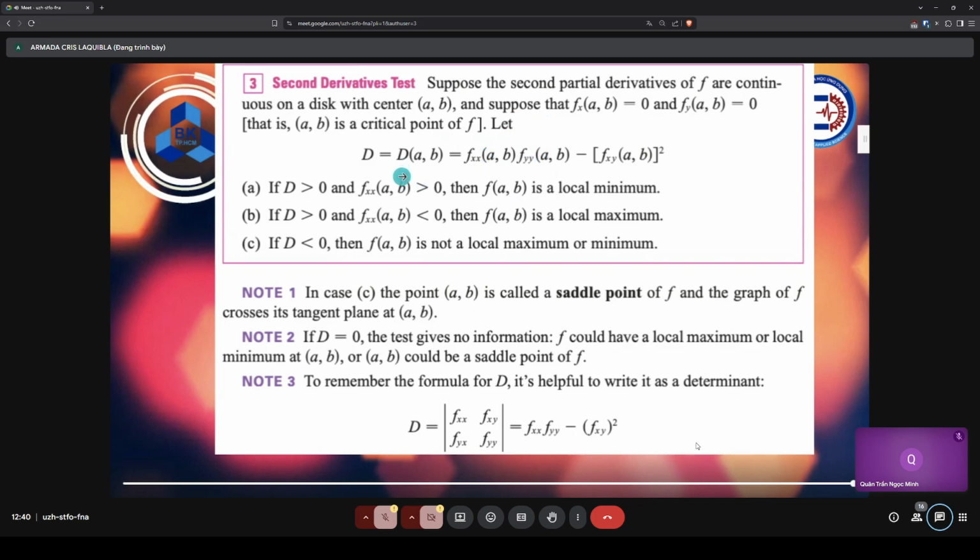Then let D(a, b) be equal to this: the second derivative fxx(a, b) times the second derivative fyy(a, b) minus fxy(a, b), then you square it.